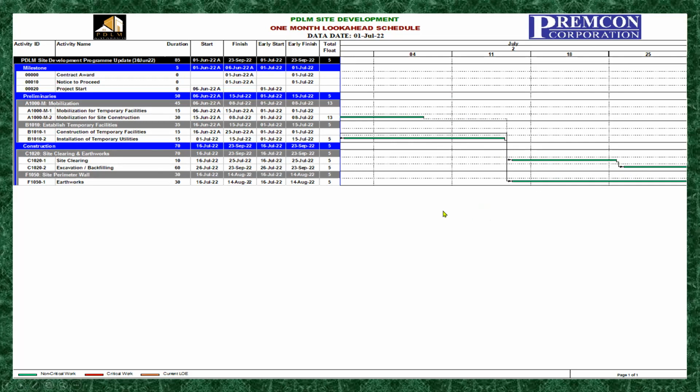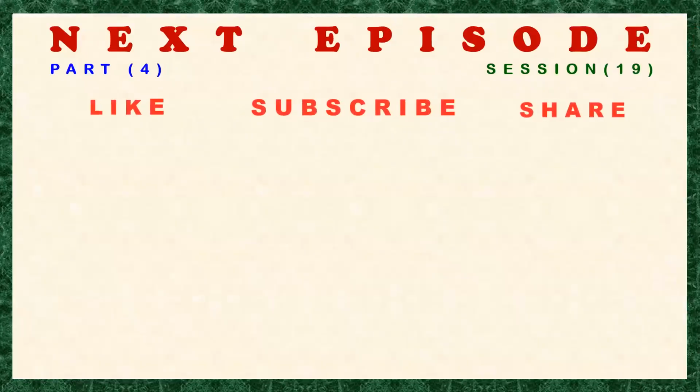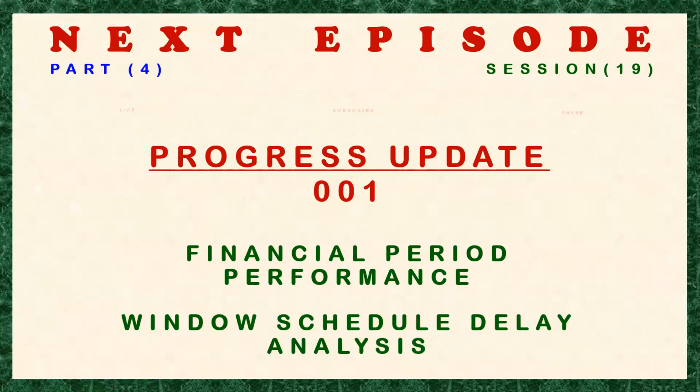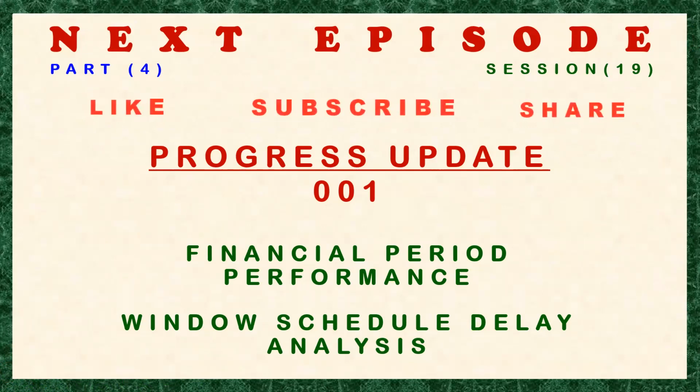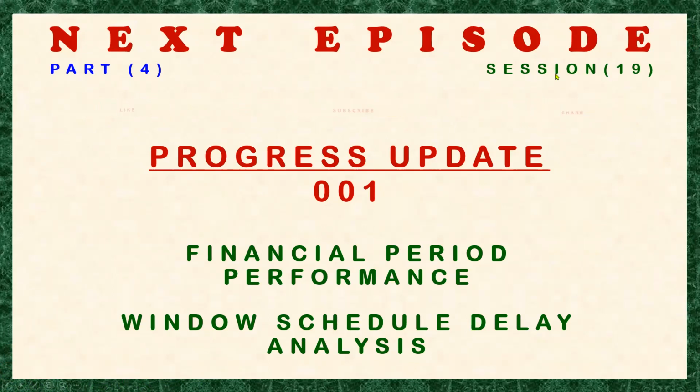Okay, so we're done. So our next episode is part 4, session 19. I think this is not session 19 because we are working on session 19, right? So this should be session 20.